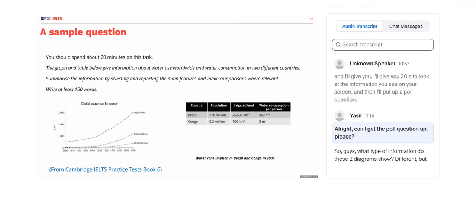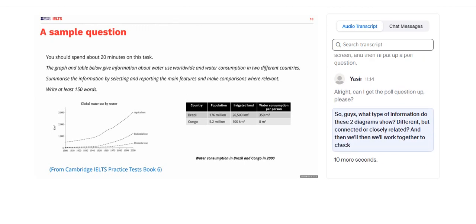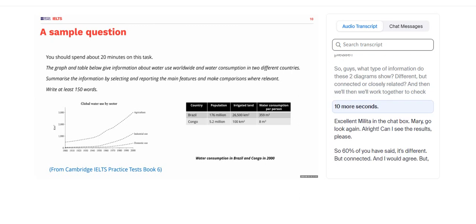All right, can I get the poll question up, please? So guys, what type of information do these two diagrams show? Different but connected or closely related? And then we'll work together to check. Ten more seconds.